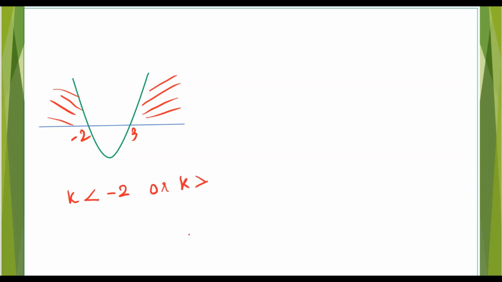In this case, it is b square minus 4ac greater than 0, and we want the part above the line. Suppose this is negative 2 and this is 3. So we have to write the inequality as k is less than minus 2 or k is greater than 3.